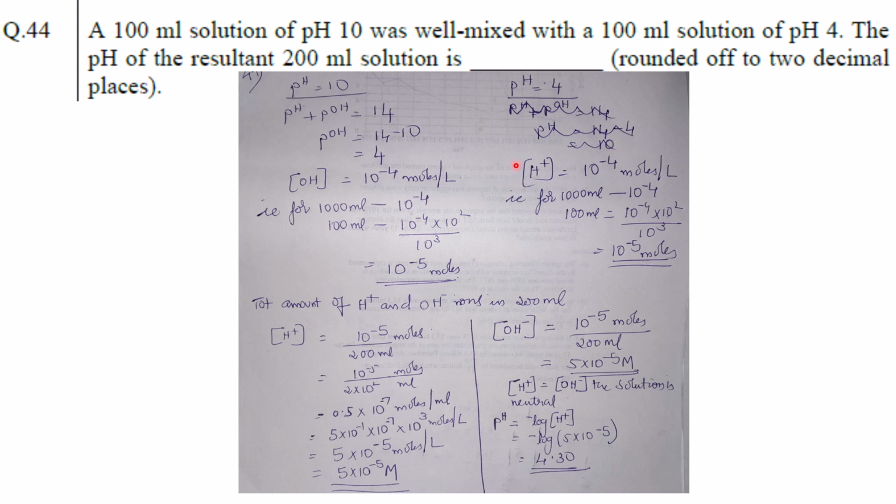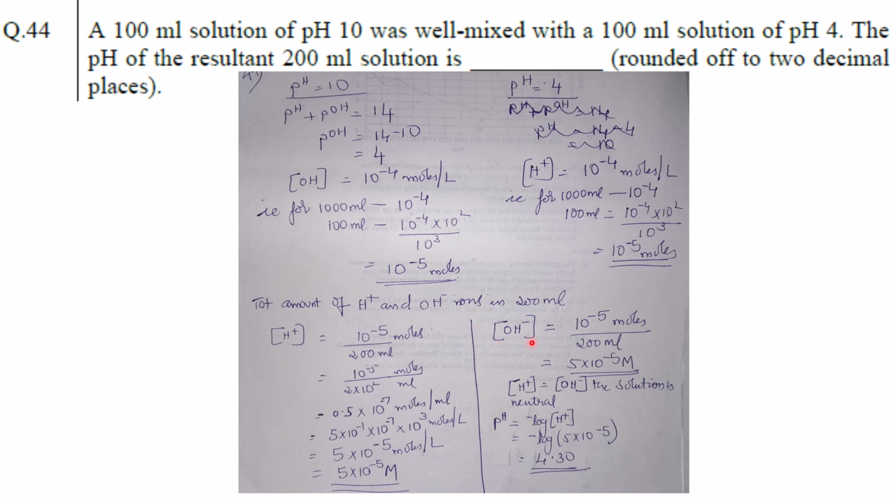Similarly, calculate hydrogen ion concentration for pH 4. So that will give you 10 raised to minus 5 moles. So total amount of hydrogen and OH minus ions in 200 ml. It will be 0.5 moles divided by 200, that is 5 into 10 raised to minus 5 molar.